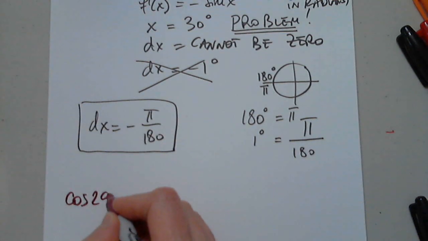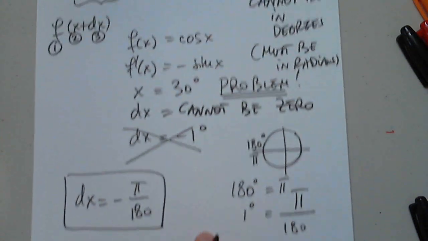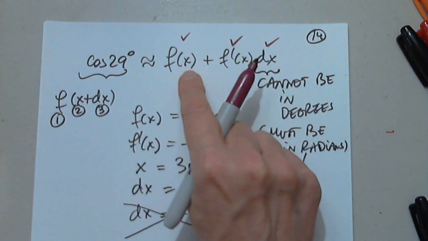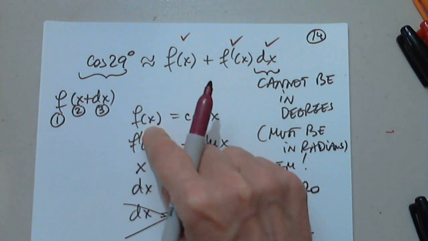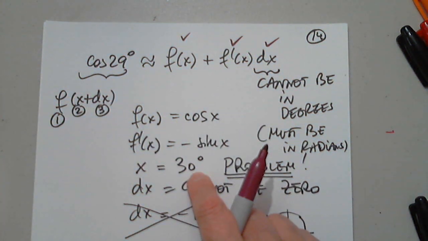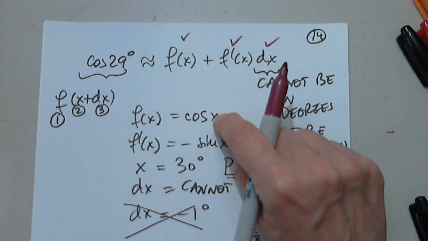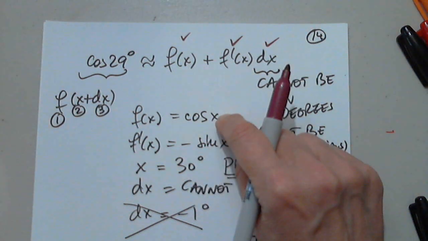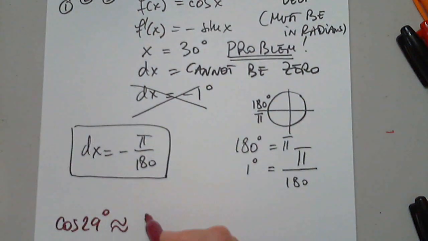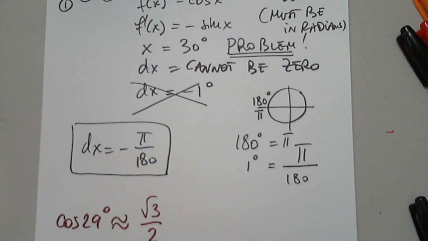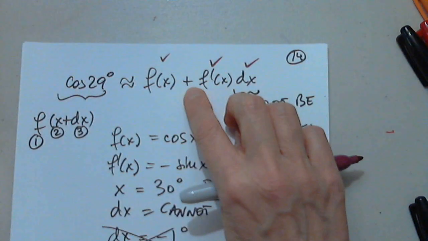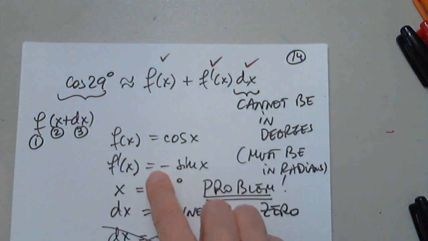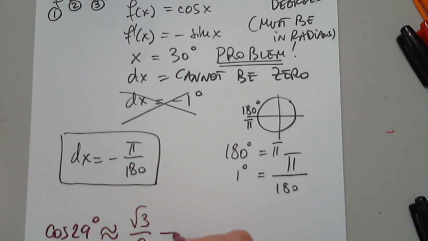So cosine 29 degrees is approximately f of x. This is f of x, and x is 30. Please plug in 30 in cosine. That's okay. If you remember, that is the square root of 3 over 2. Plus f prime. F prime is negative sine x. I'm going to copy negative.